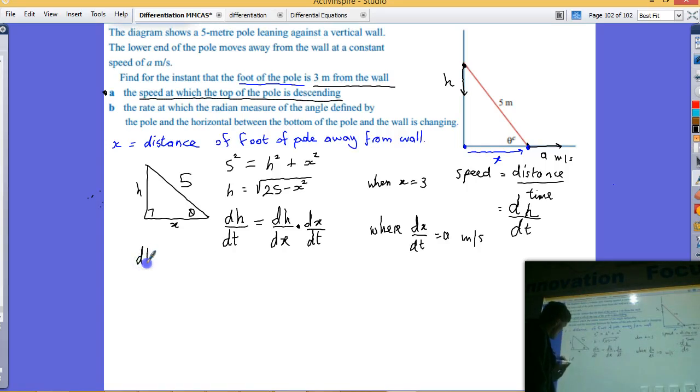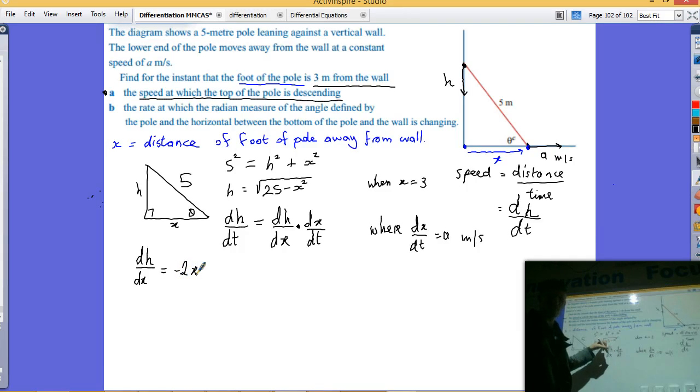So dH dx is equal to the derivative of this function. Now, this is chain rule, again, application. And chain rule says that if I've got an inside function, I must get that derivative, which is negative 2x.